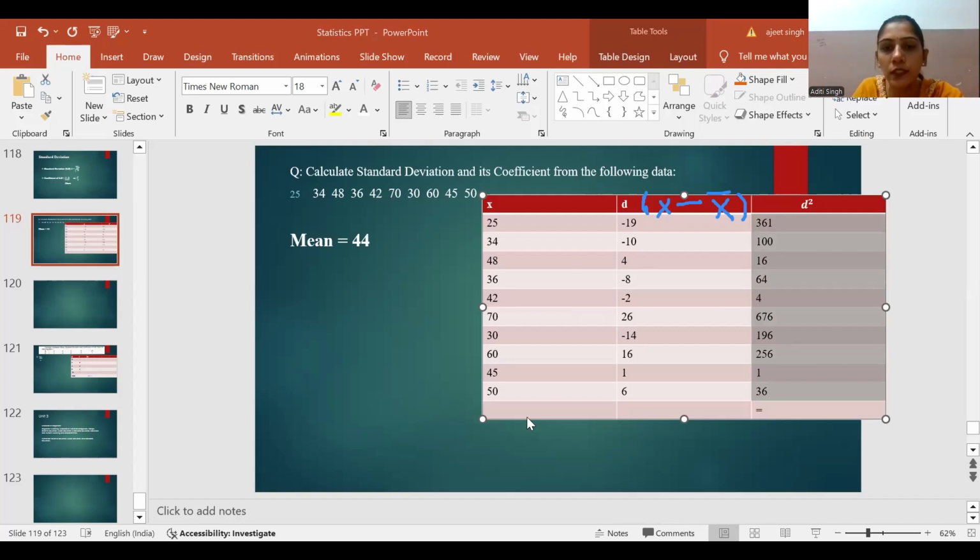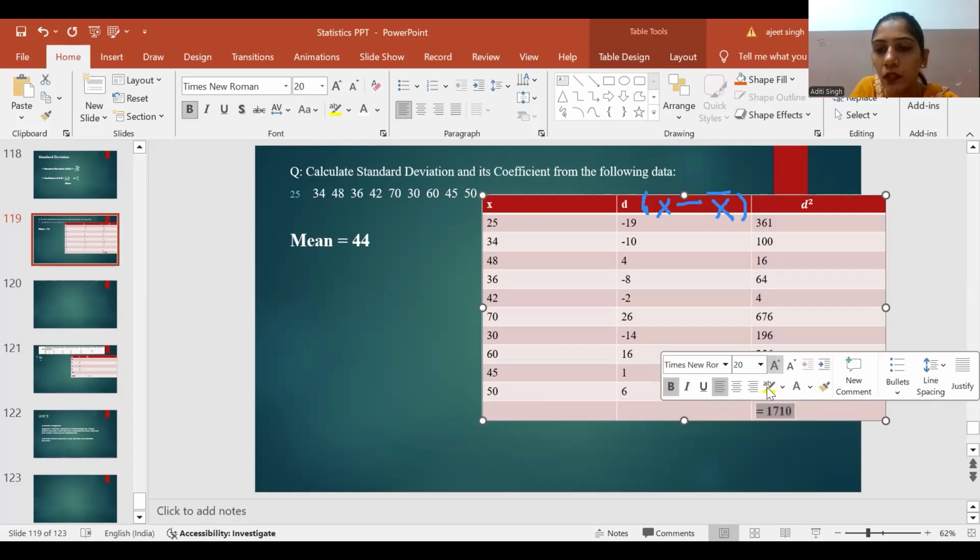So 361 plus 100 plus 16 plus 64 plus 4, after that plus 676 plus 196, then plus 256 plus 1 and plus 36. So total is 1710. So this is the value of sum of d square.